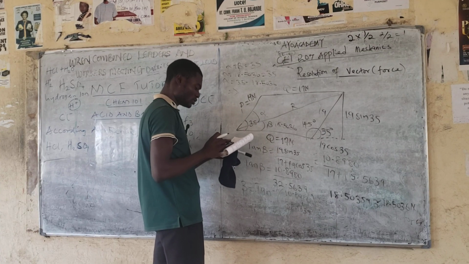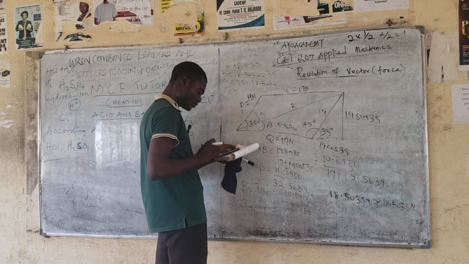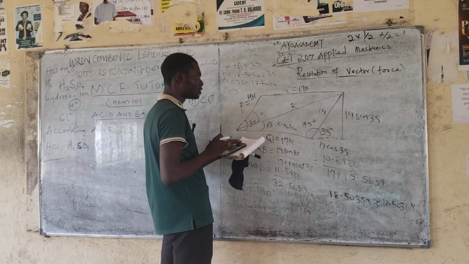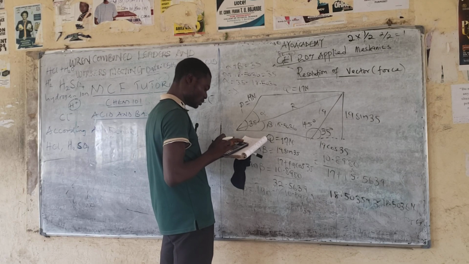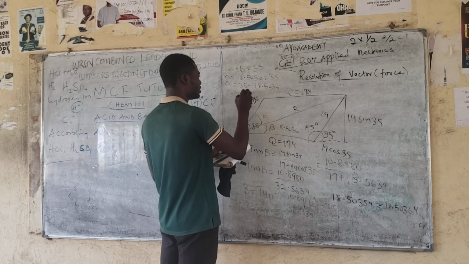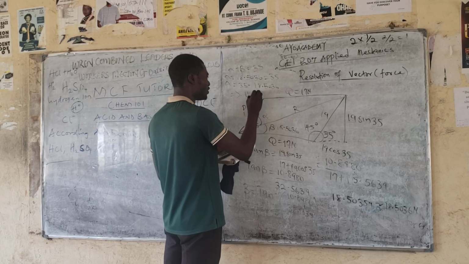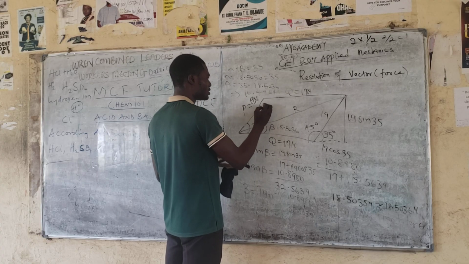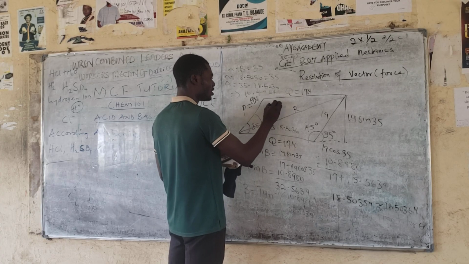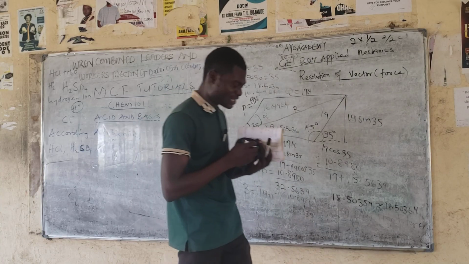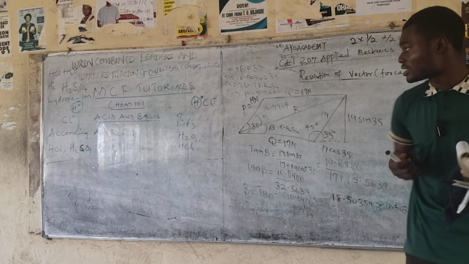With the help of a calculator, 35 minus 18.5036, and we obtain 16.4964. So this place will now be 16.4964.